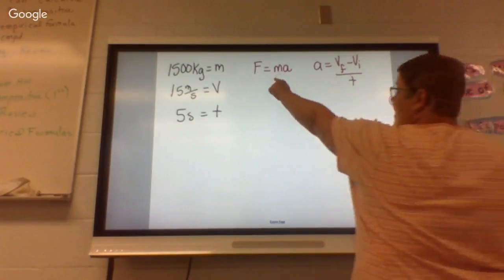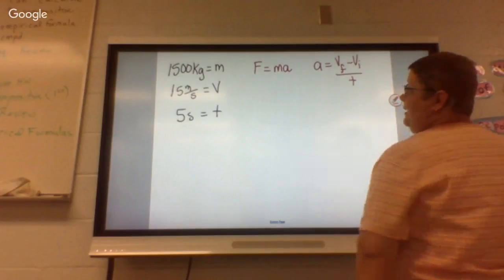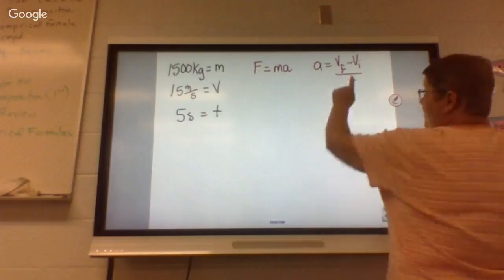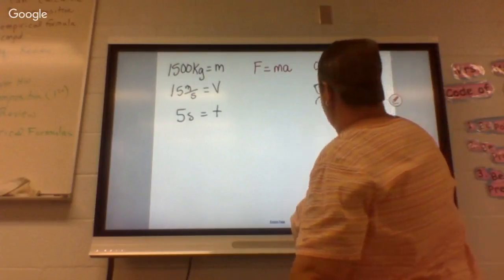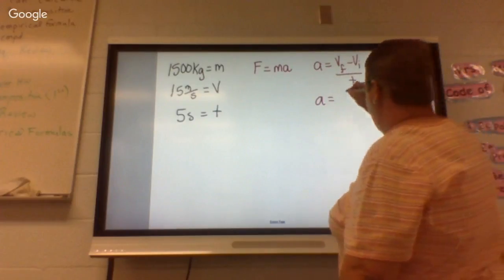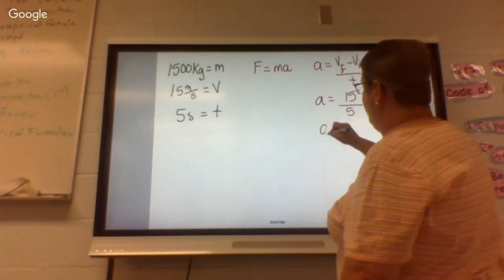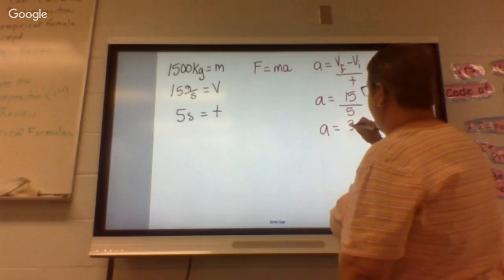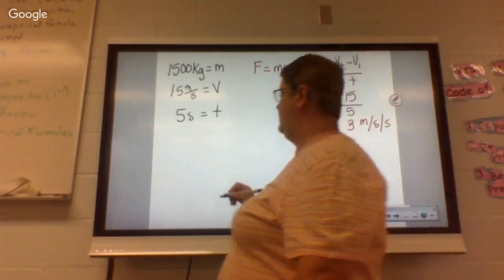Do we have force and mass to find A? No. We have enough for this one this time. A, we don't know because that's what we want. What's our velocity? 15. And what's our time? 5. So 15 over 5 is 3, and that's meters per second squared. So that's A.